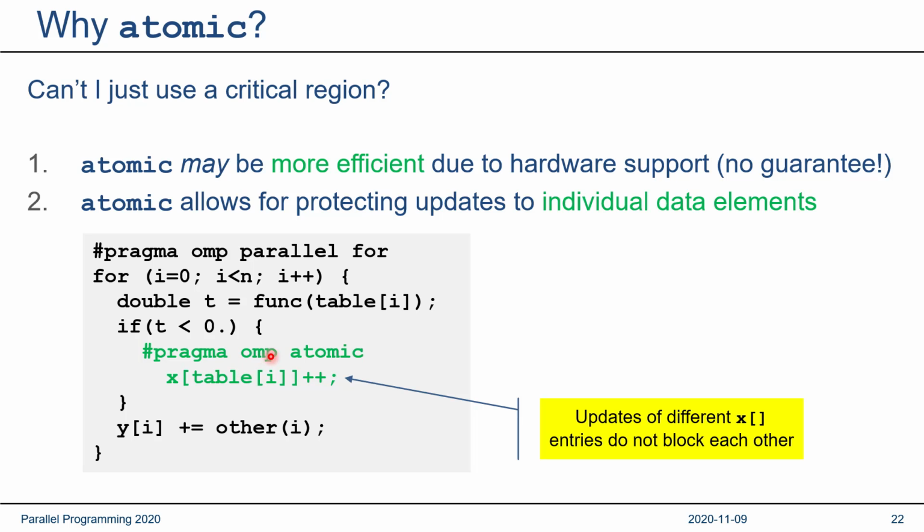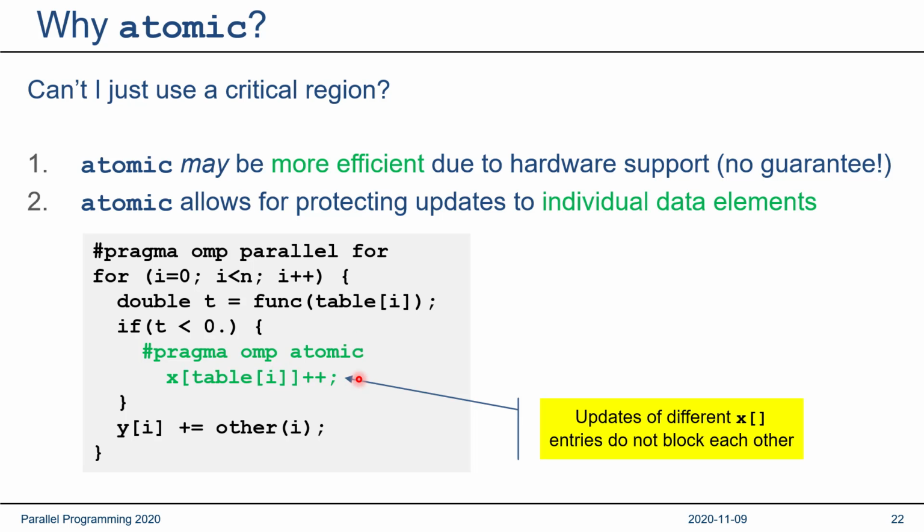So the runtime will recognize that if one thread encounters an atomic and it updates a different x than another thread that also encounters the atomic, then those two will not block each other. This cannot be done in this efficient way with a critical region. If you just wrote pragma OMP critical in front of this update, then all updates to any part of X would block each other, and the whole thing would be much less concurrent than it is in this form.